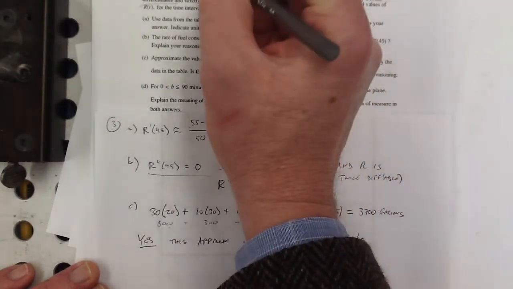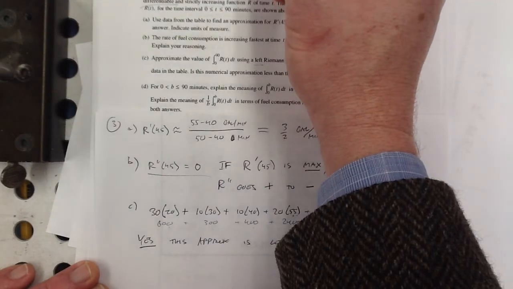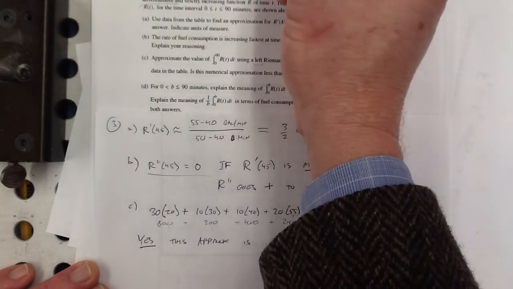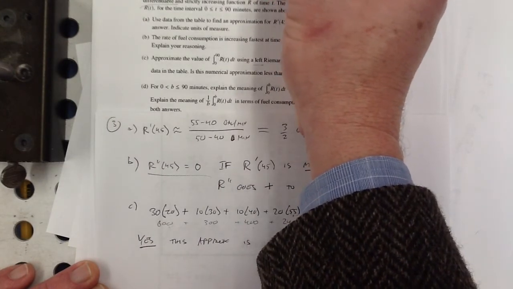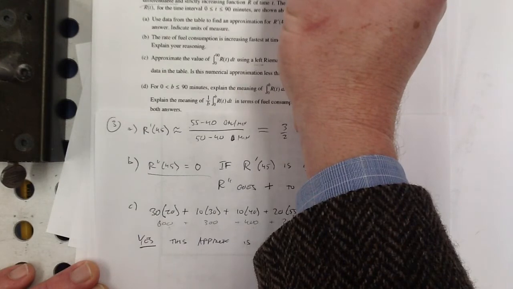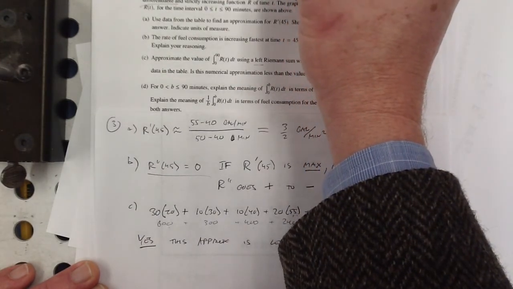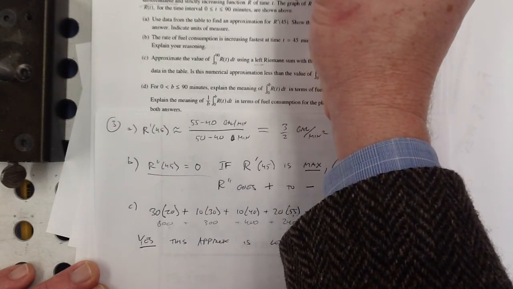Well, if you do a Riemann sum of this, you could draw in the rectangles that we just did. Why are they all underneath? What is it about this function? Well, because this function is increasing.